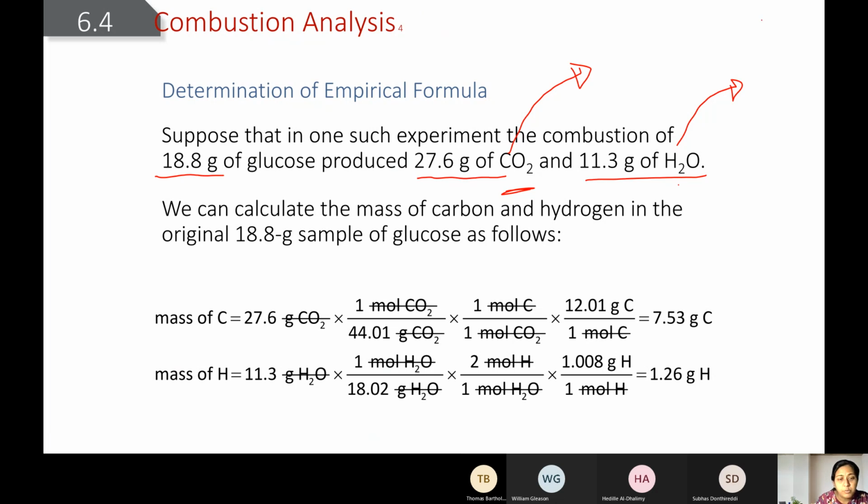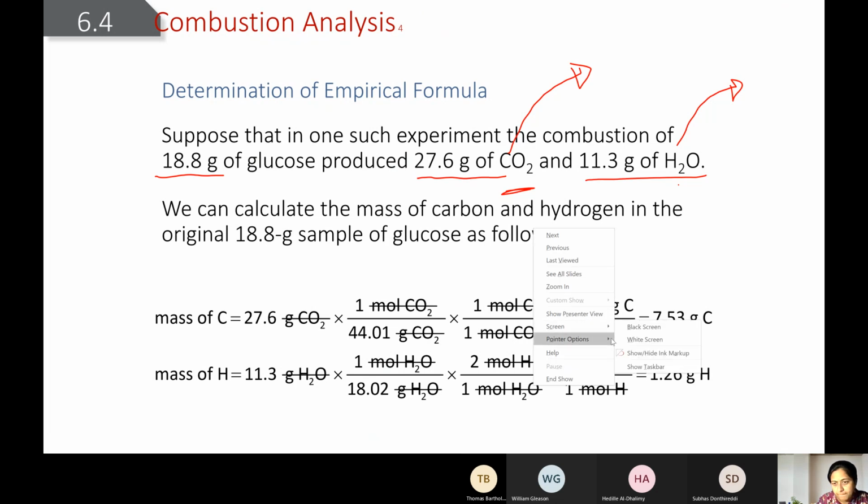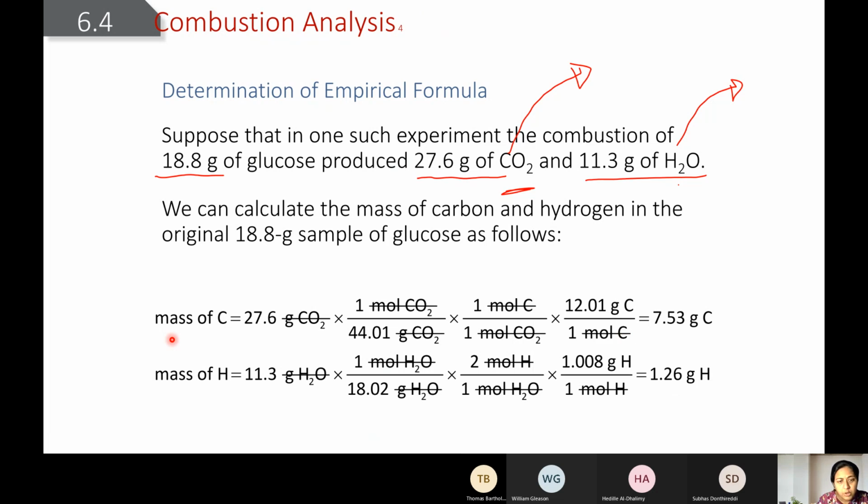Yes, we'll start with the mass of carbon. We are going to determine the mass of carbon. We start with the mass of the carbon dioxide. It is 27.6 grams of carbon dioxide.